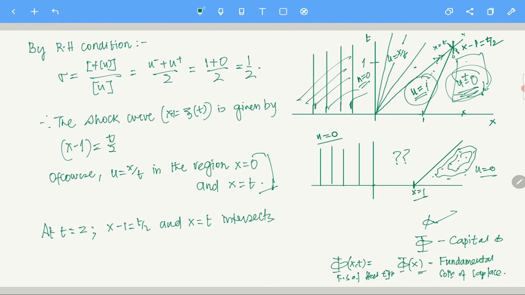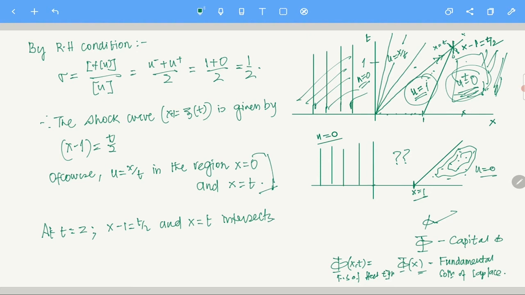Now this area equals 1 because the initial conditions dictate that: u equals 1 between x equals t and x minus 1 equals t by 2.